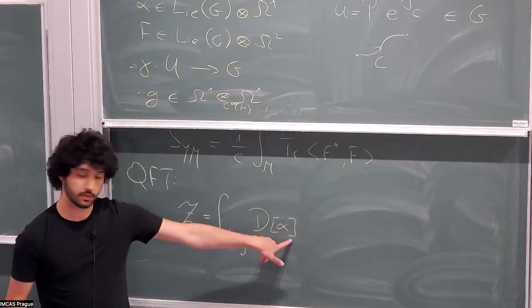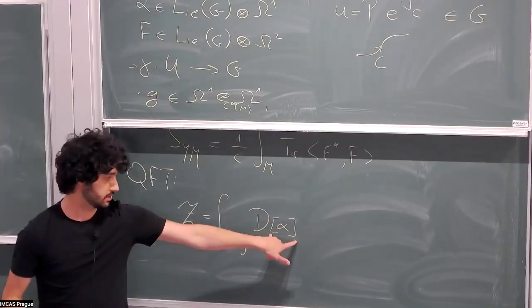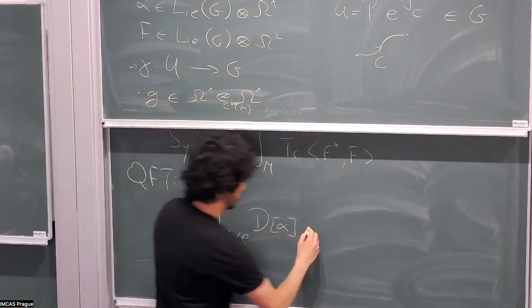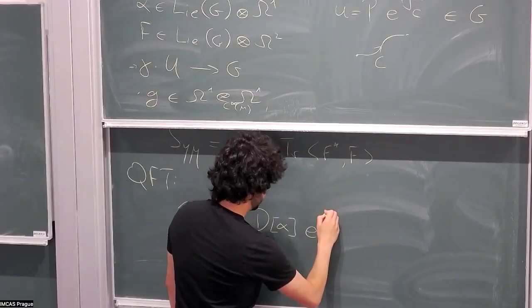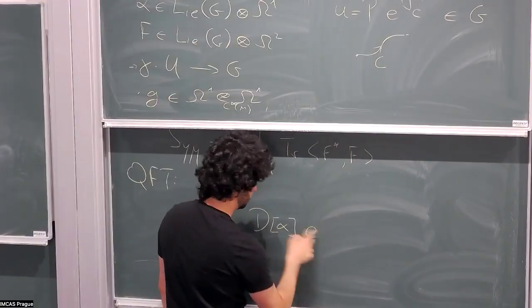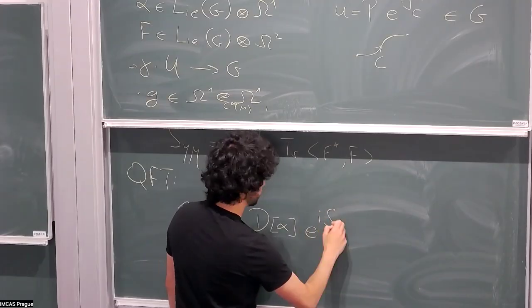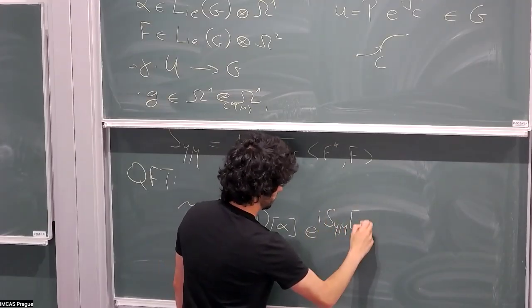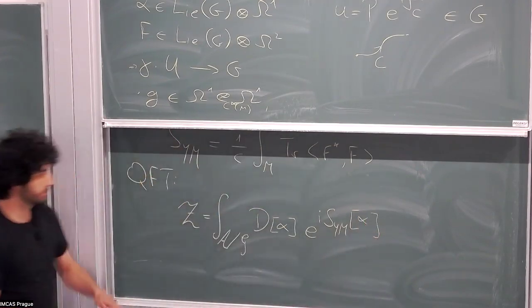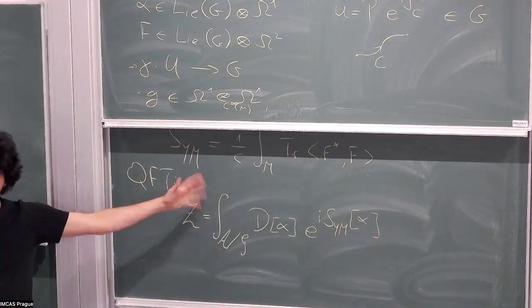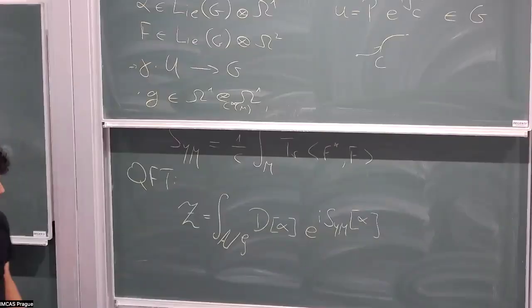Then we have some sort of integration measure over this space, over equivalence classes of alpha, and we multiply this with e to the power of i times our action. This is the thing that we want to define, and having this, we can compute expectation values and so on.